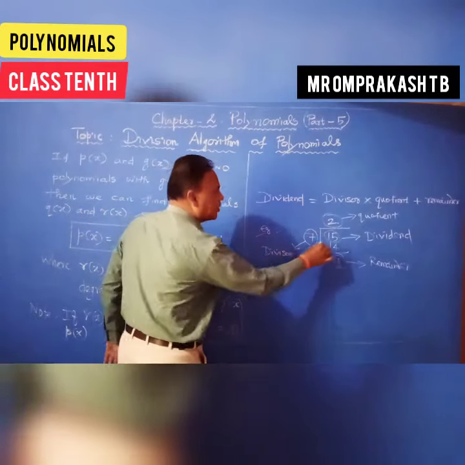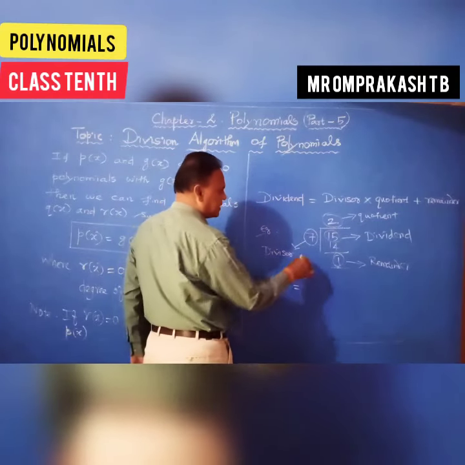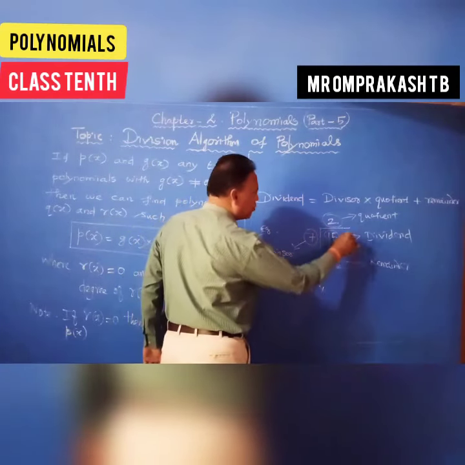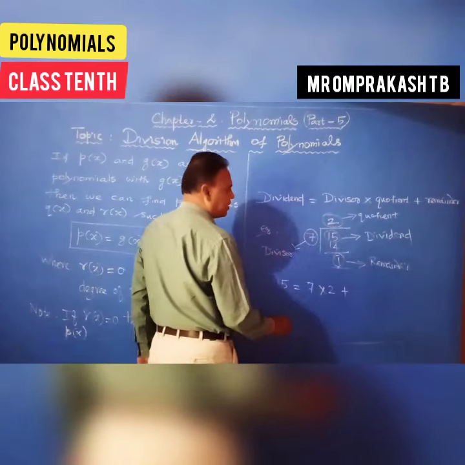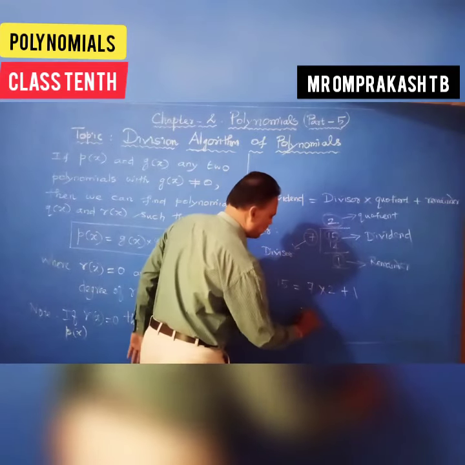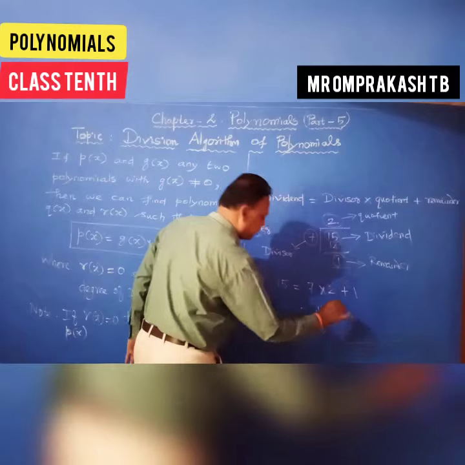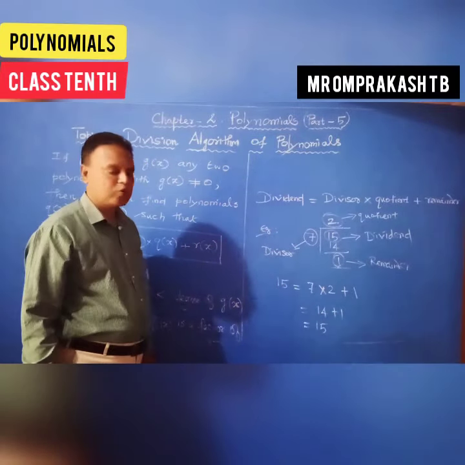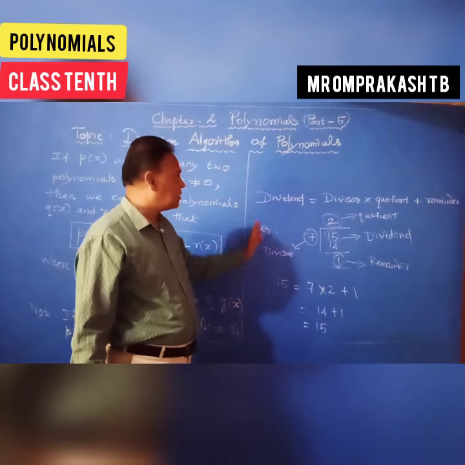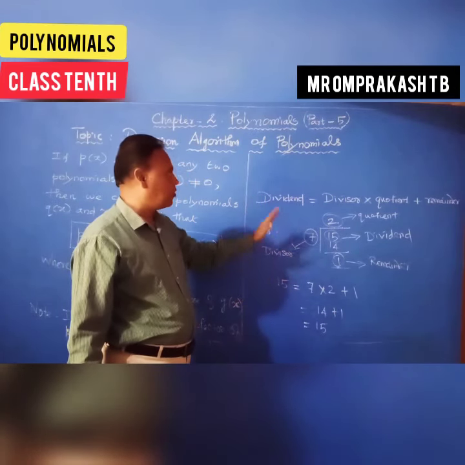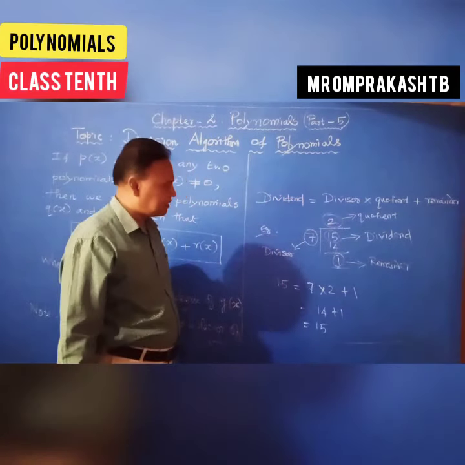So you will get the dividend 15 is equal to divisor 7 into quotient 2 plus remainder 1. So 14 plus 1, that is 15. So left hand side equals right hand side. Remember, in lower class you studied dividend equals divisor into quotient plus remainder.